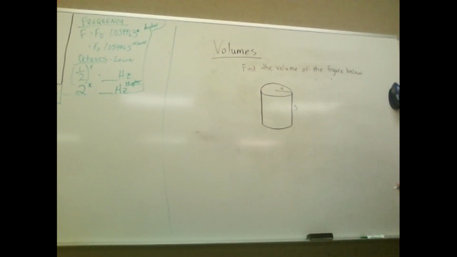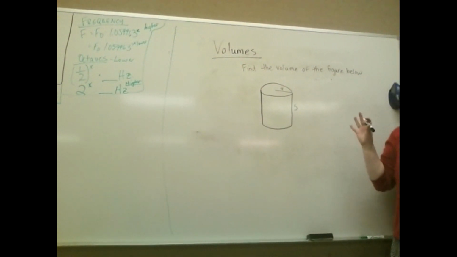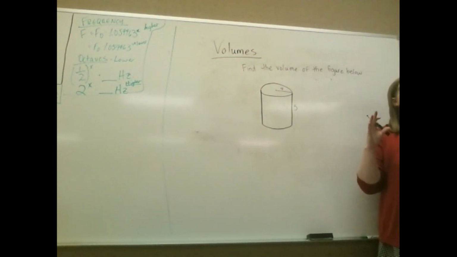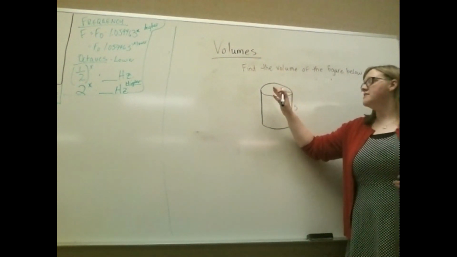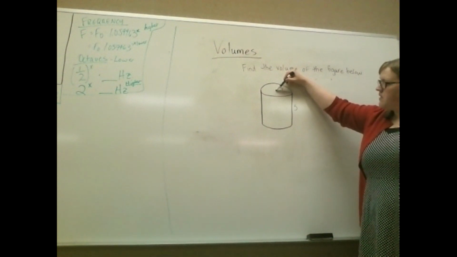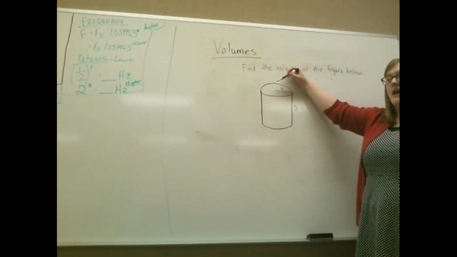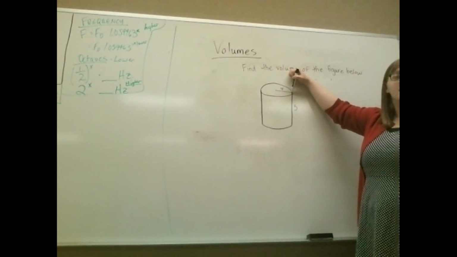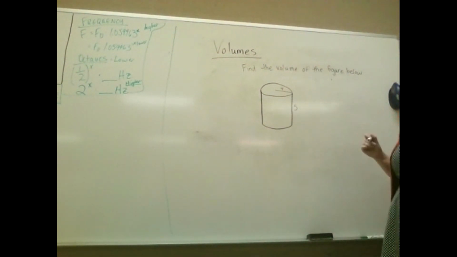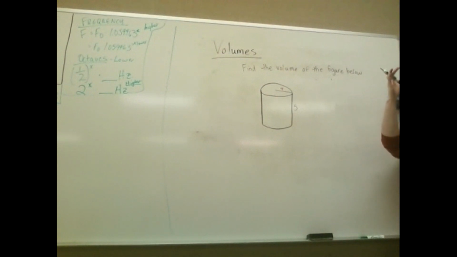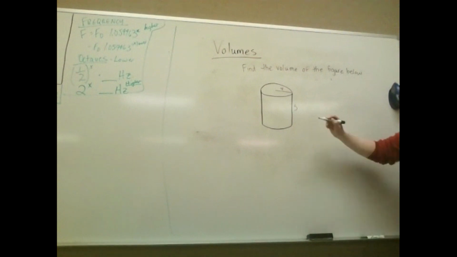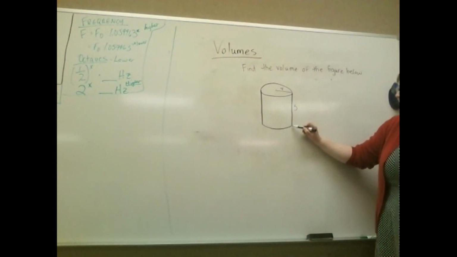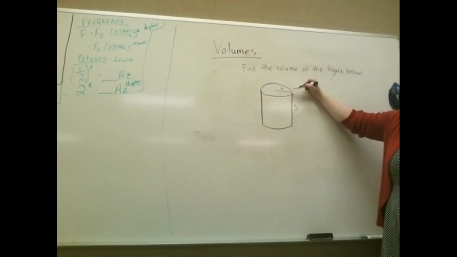This cylinder's a little bit different from the rectangular solids because it does matter where you label. The radius is always labeled at the top, and it goes from the middle to the edge, because the volume of a cylinder is just taking a bunch of circles and stacking them. So for your circle part, make sure you label your radius there. And then your height is how far it is from the bottom circle to the top circle.